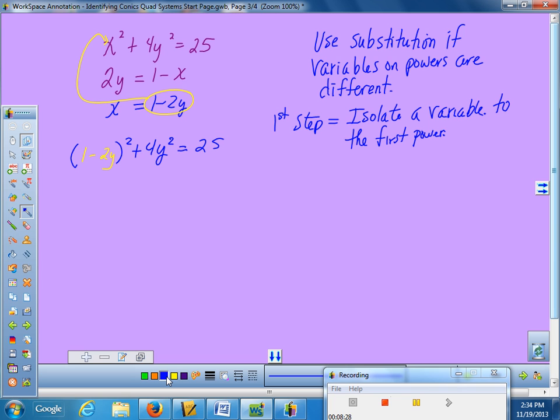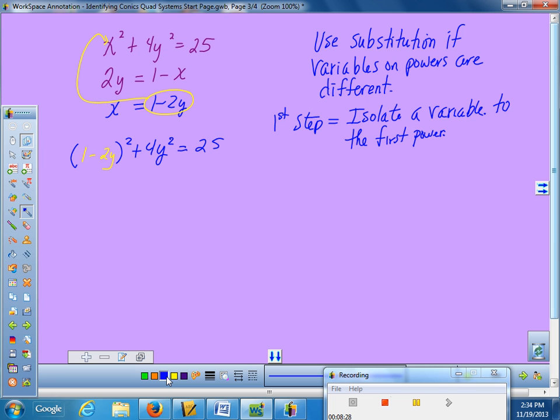On these, if we have mistakes, it's simple algebra. How do I square that? Is DJ correct? 1 minus 2y quantity squared. How do you take 1 minus 2y times itself? If you know the rule for squaring a binomial, you're not going to just square each one and call it good.